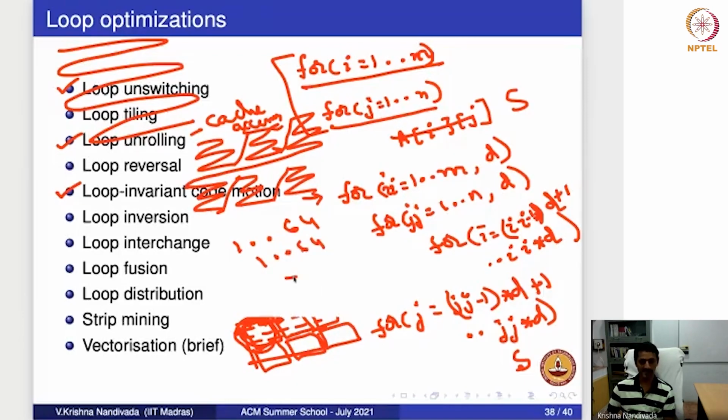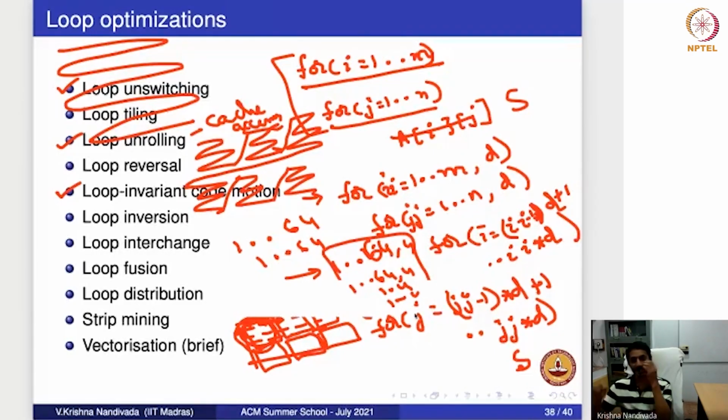If I have a loop like this, I'm transforming it to go from 1 to 64 in blocks of 4. Then 1 to 4, 1 to 4. So the innermost block is 4 cross 4. It will access these 4 cross 4 blocks. Does it make sense?